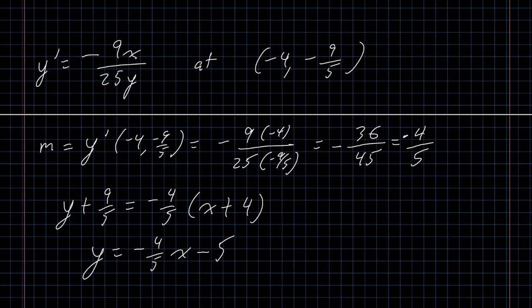If I jump back to the notebook here, let's look at one more problem for you to take a look at this time. I want to look at y times the cosine of x plus x times the sine of y is equal to 1.